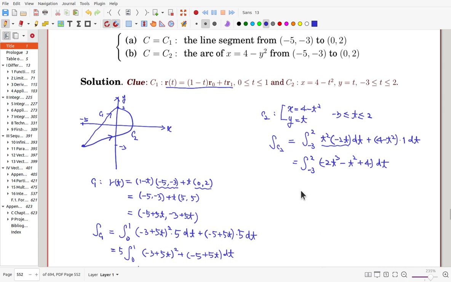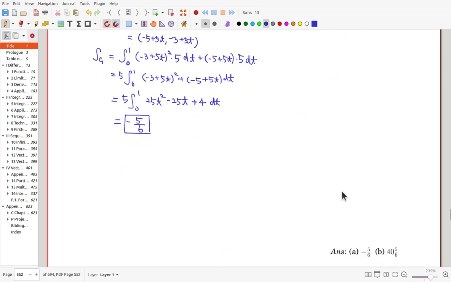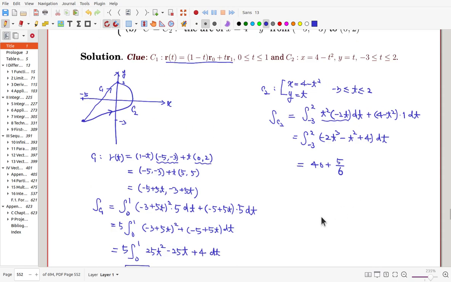Once you evaluate this, then you can reach the value, 40 plus 5 over 6, I believe. Okay, let's see the result here. Okay, yeah. So once you evaluate by using the technique you learned earlier in calculus 2, you can get it quite easily.